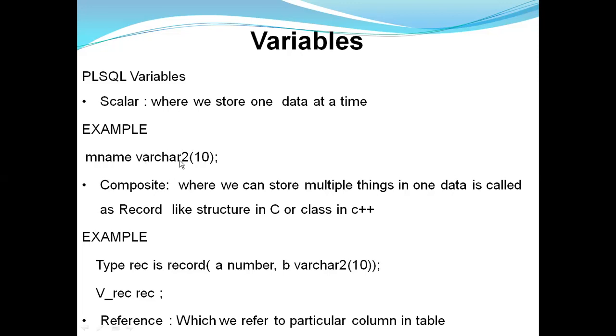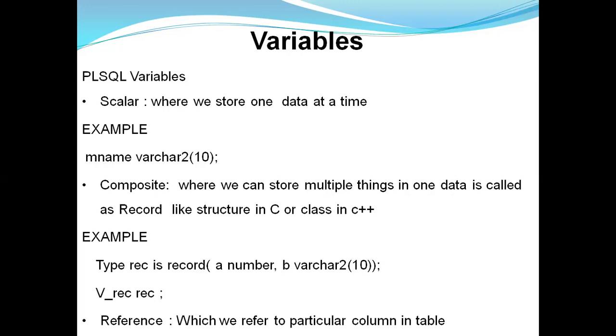So here I'm declaring a new data type. Here we have used varchar2 as a data type which is predefined by the system. So here we say the type name is record. Then we say is record, because any composite variable is called a record here.